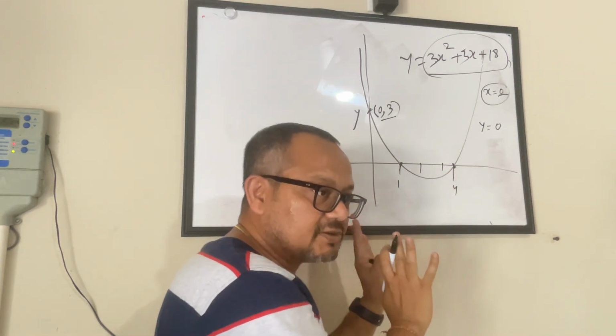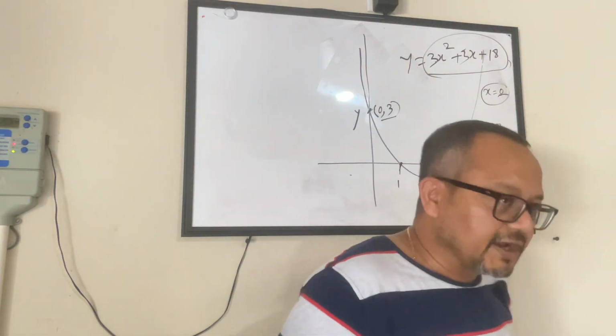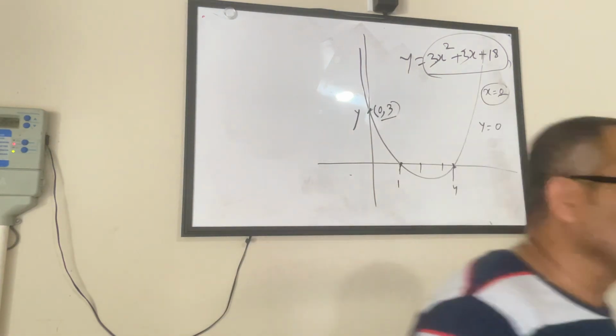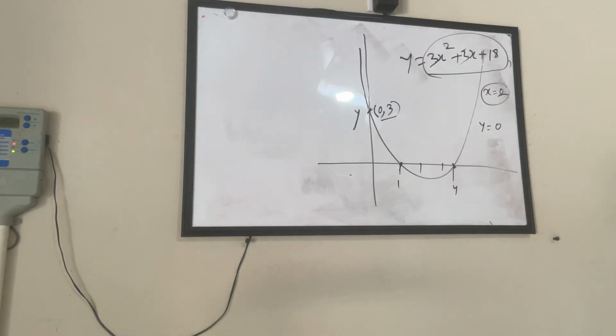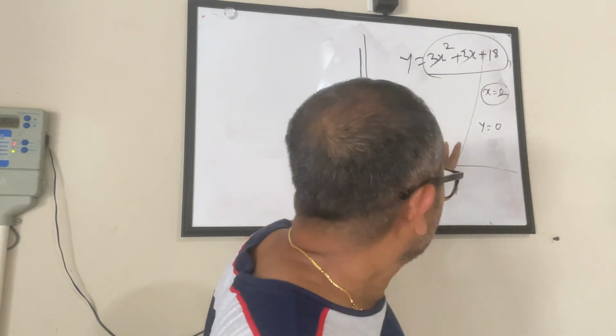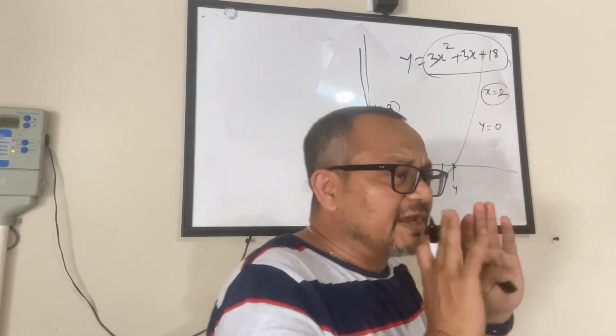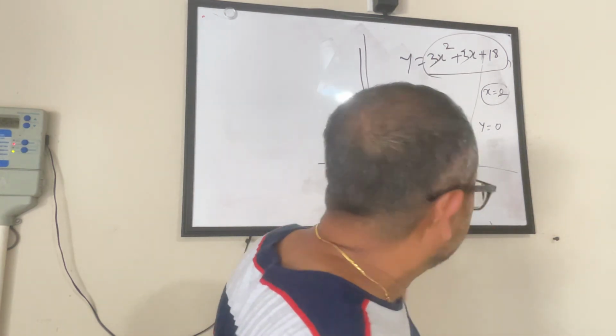Okay, with the parabola. Now, by looking at this, what do you find? I mean, what is the minimum observation that you can make by looking at this parabola?